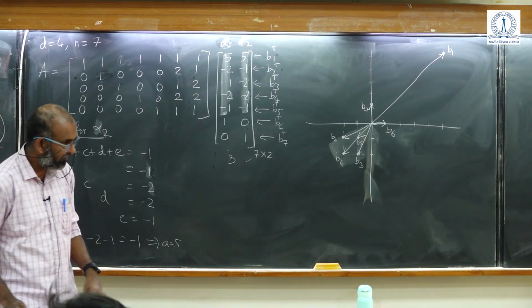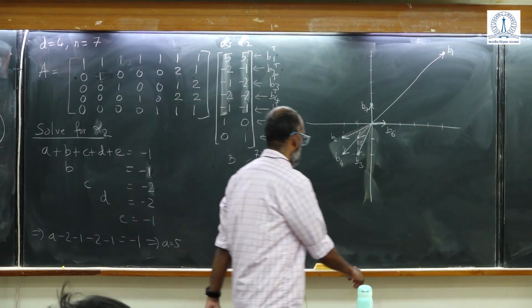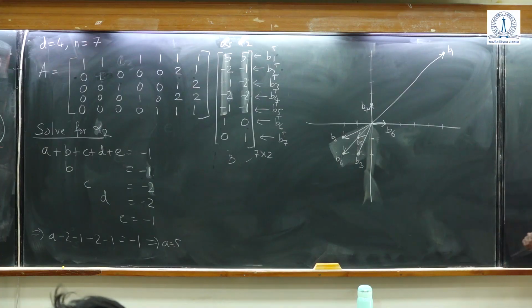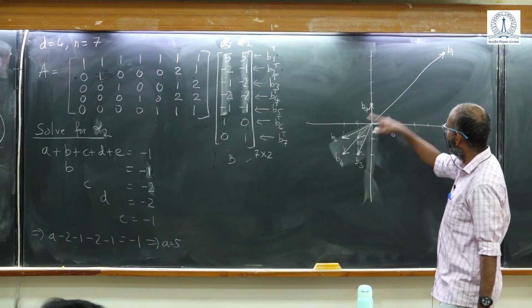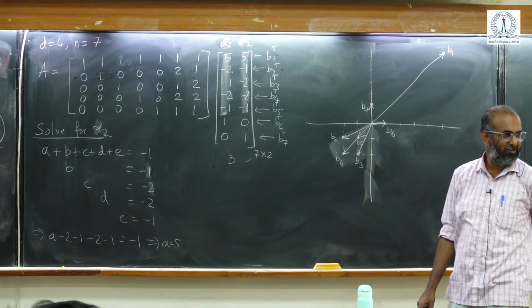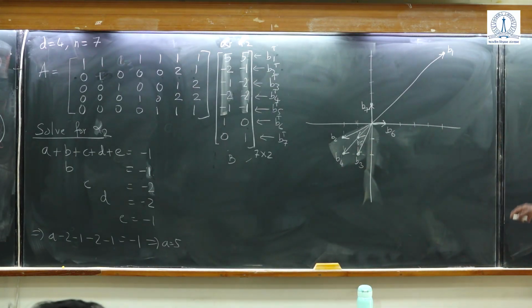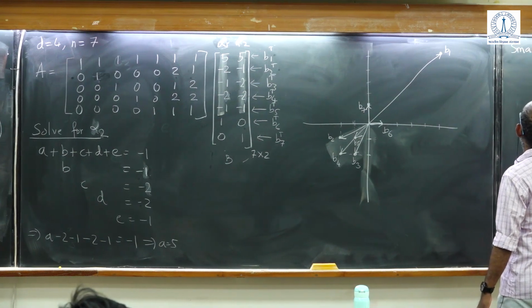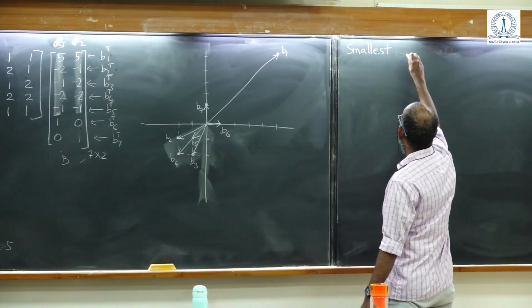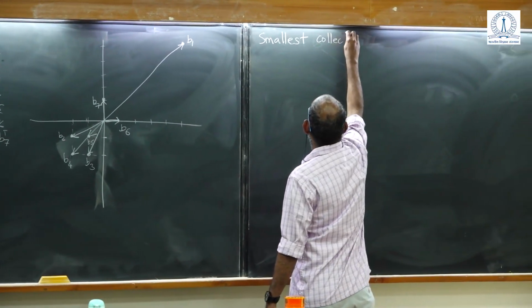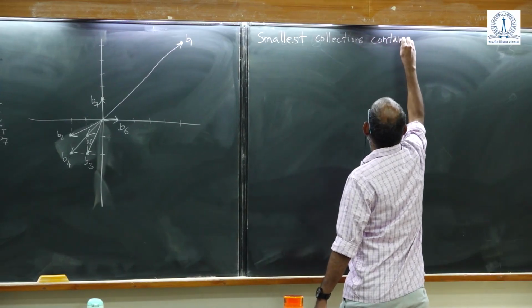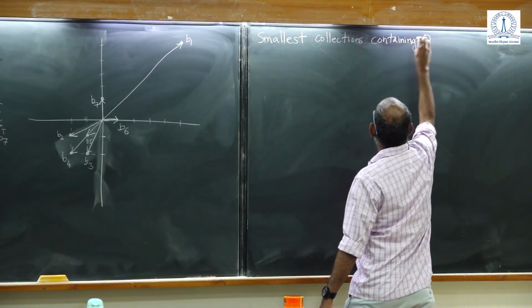So what are they? Right. So that's the fact that all three lie in the same line is very helpful. So the smallest collections containing 0. What are they?